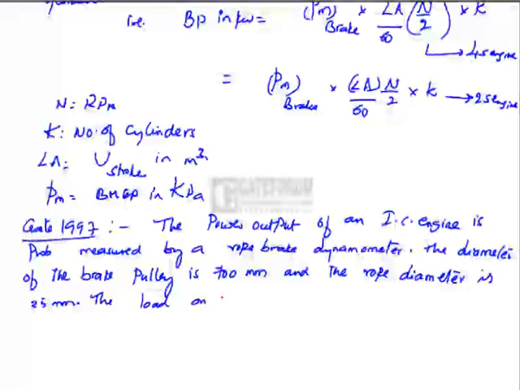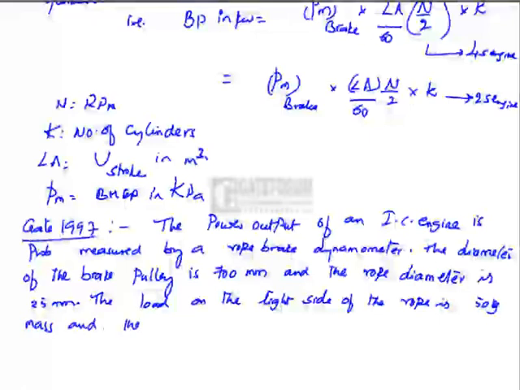The load on the right side of the rope is 50 kg mass, and the spring balance reads 50 newtons.